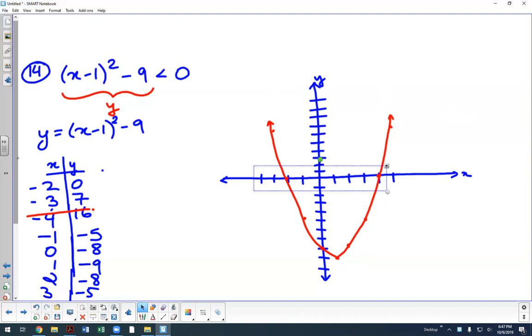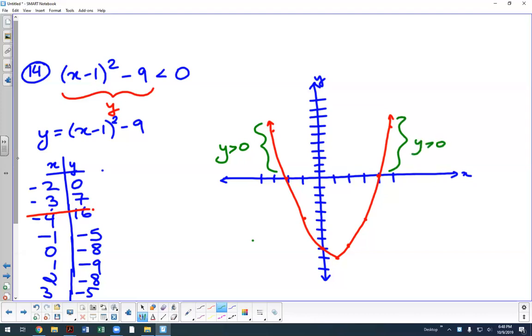So for this little section here, all your y values are going to be positive. This section here, and of course, these guys are going up to infinity, your y values are going to be positive. It's only from this section, which actually continues on the other side, is where our y values are less than 0, and of course, this section here where the y values are going to be less than 0.